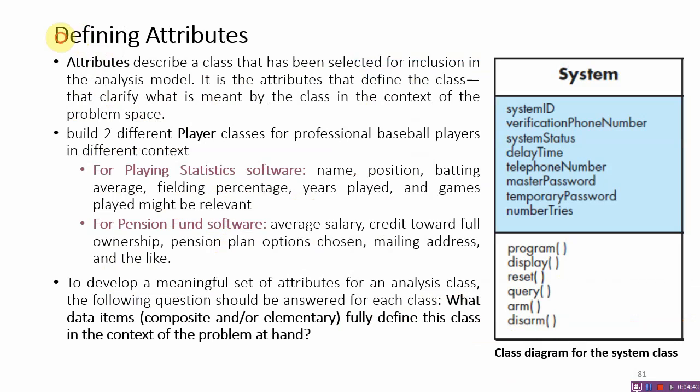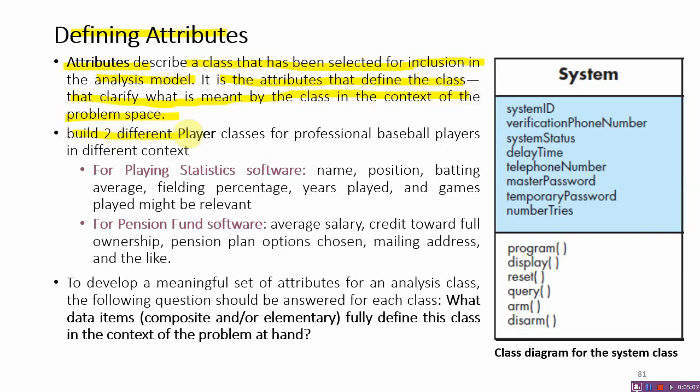The next step is defining the attributes. Now we have identified the potential classes, so let's define the attributes. Attributes describe a class that has been selected for inclusion in the analysis model. It is the attributes that define the class, that clarify what is meant by the class in the context of the problem space.